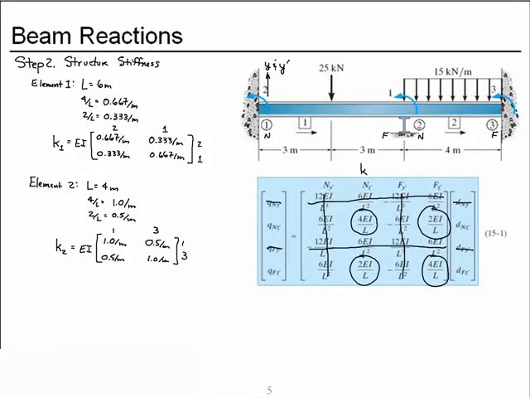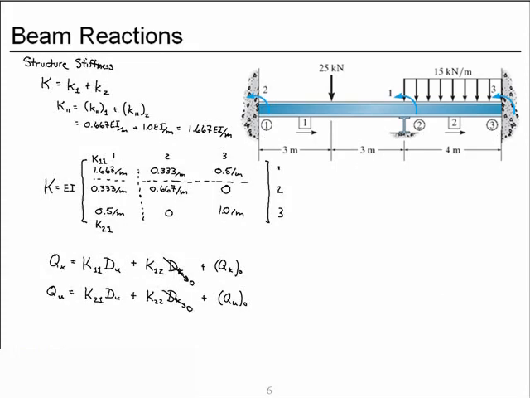We then began the stiffness analysis method by constructing the structure stiffness matrix, and to do that we began by assembling the element stiffness matrices K1 and K2, and we did so only for the rotational degrees of freedom, because in this problem we're only concerned with moment reactions, and the only unconstrained degrees of freedom are rotations.